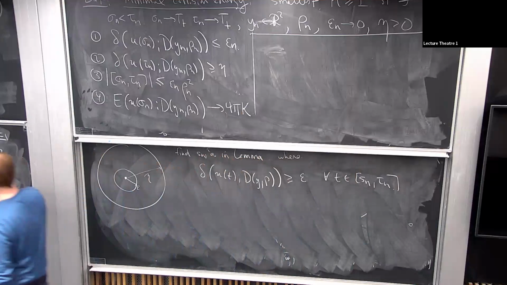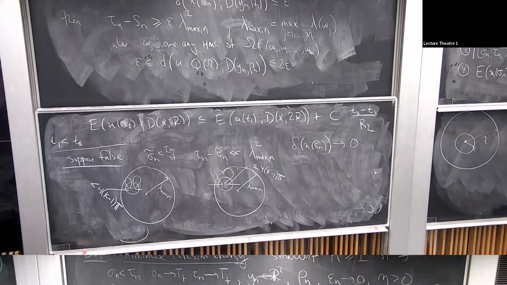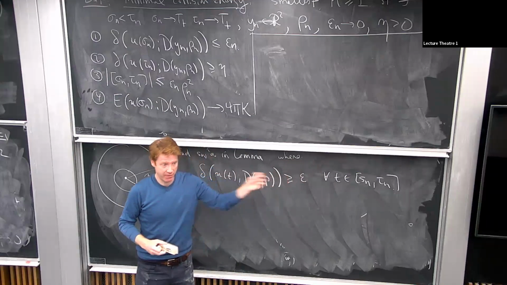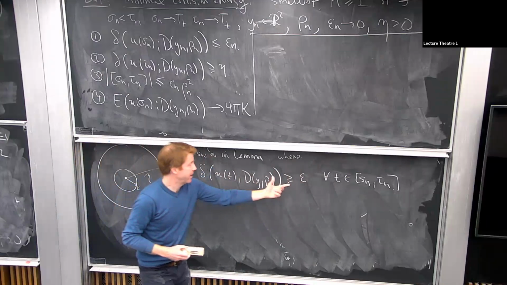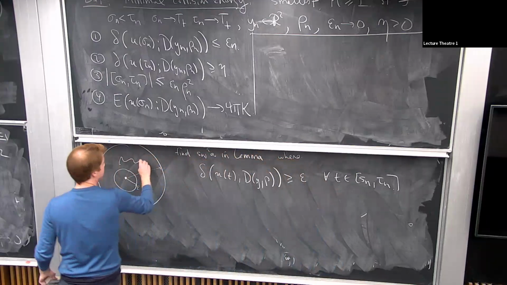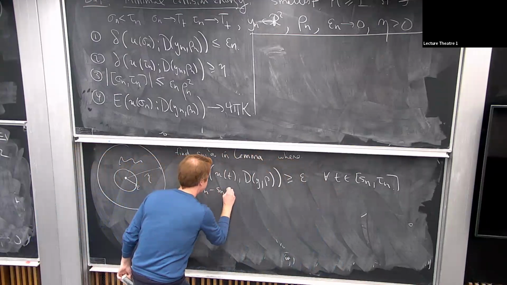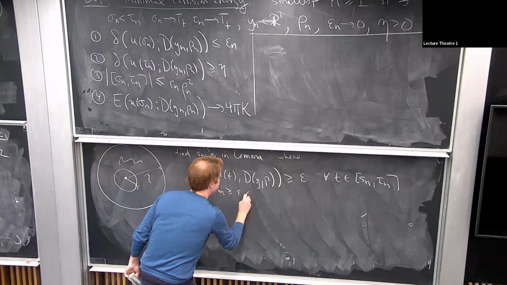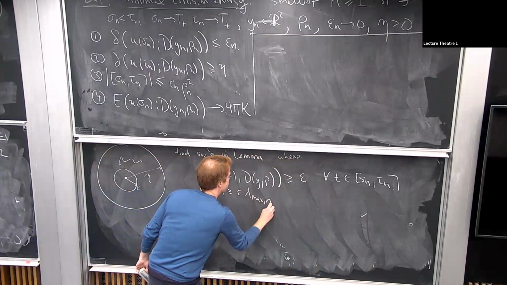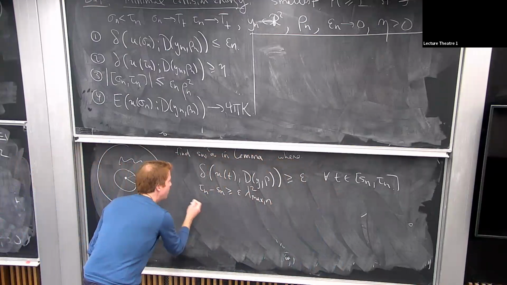So I define S_n to be the largest time for which I'm distance epsilon away from multi-bubble configurations, and I'm always bigger than epsilon after this. So I'm always outside here. And then importantly, tau_n minus S_n is bigger than or equal to epsilon times this scale, lambda max squared.